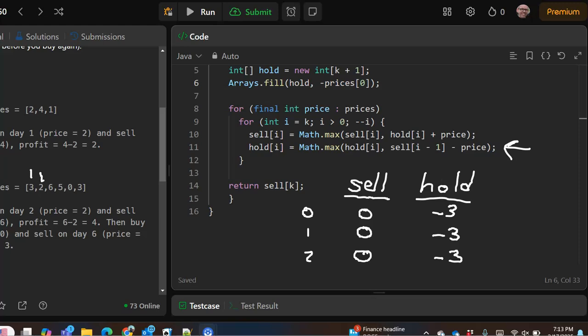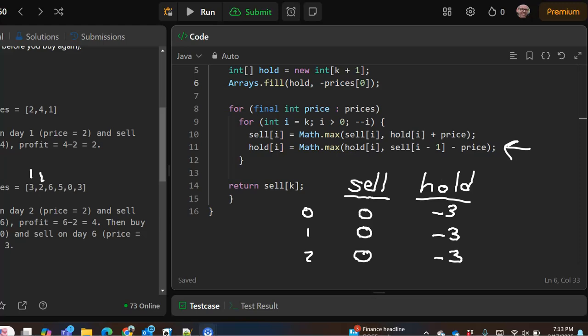Which is the max of what we already have in cell, or hold plus price. Price is 2. Hold plus price is -1. Does that improve the cell? It doesn't. What we're saying there is we buy it at 3 and sell it at 2. That doesn't help us.